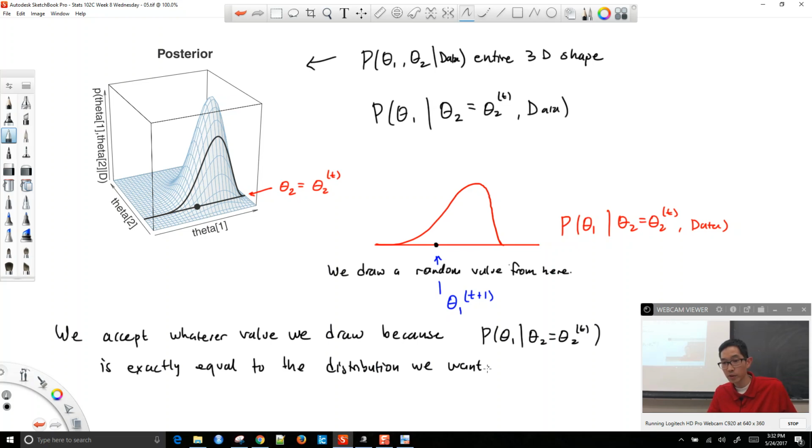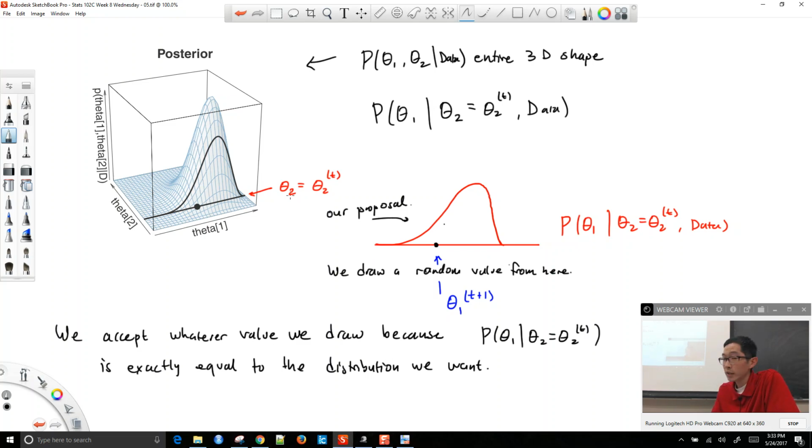So it's like we are drawing directly from that distribution, just conditioned on it. Okay, so this is technically our proposal distribution that proposes the next value, but because it's exactly what we want, we're just going to accept it.